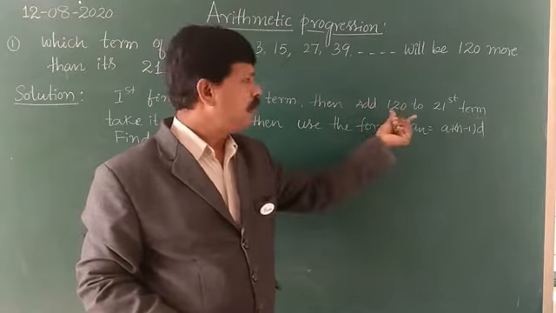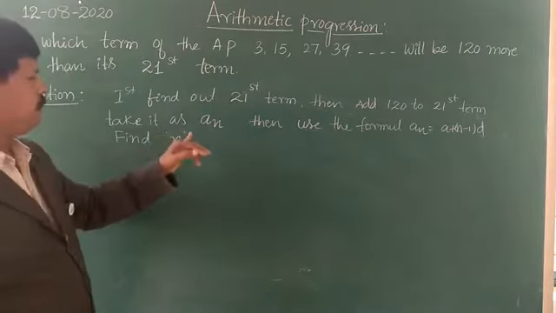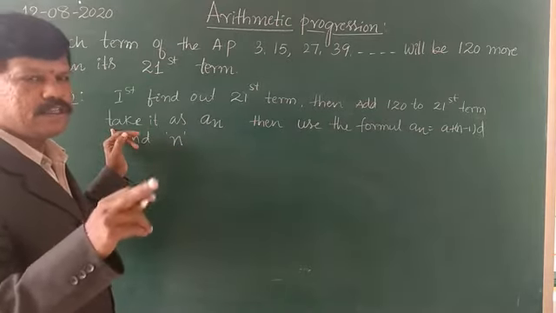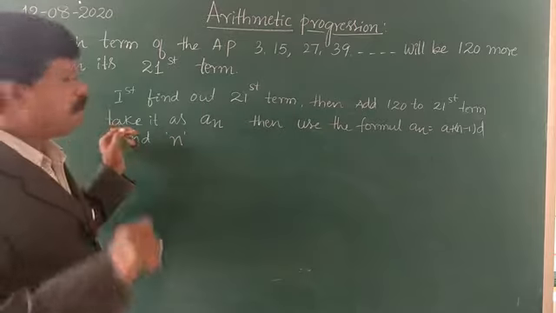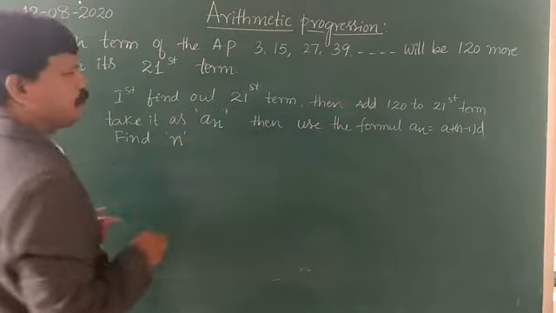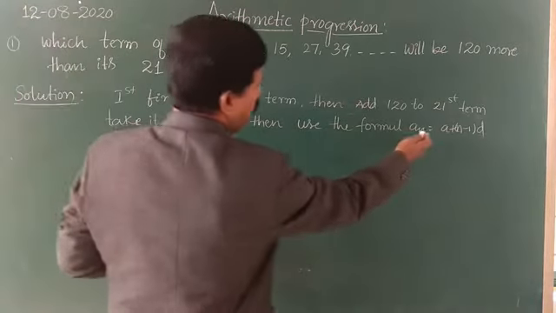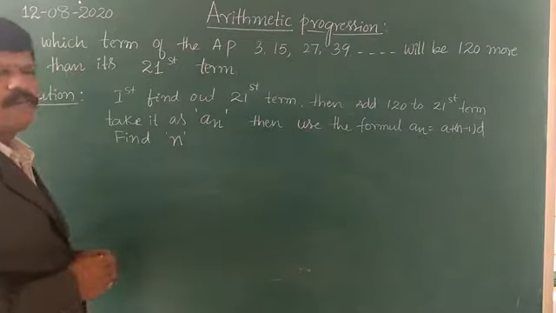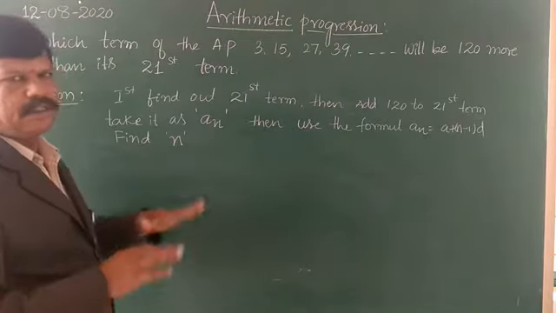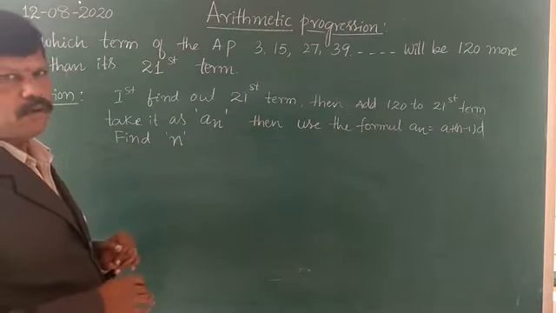The d value is negative, so use minus 1. Then take that number after adding 120 to the 21st term as an. That is the nth term. Then use the formula an is equal to a plus n minus 1 into d. These are the steps of solving this problem.